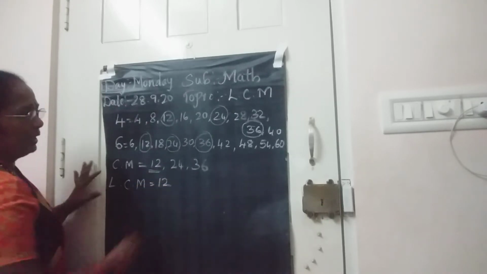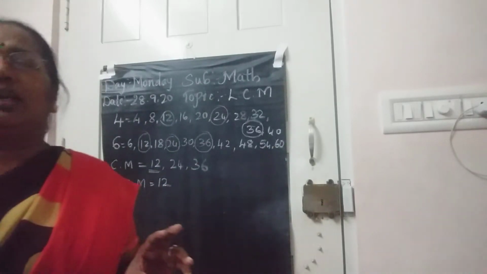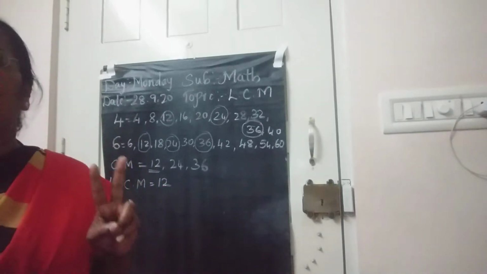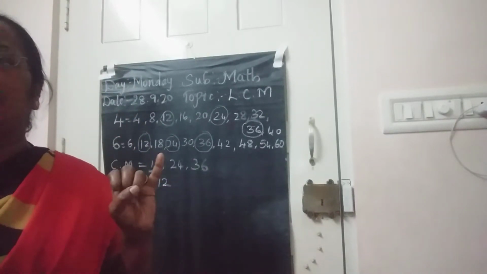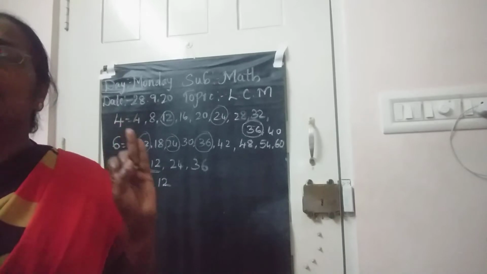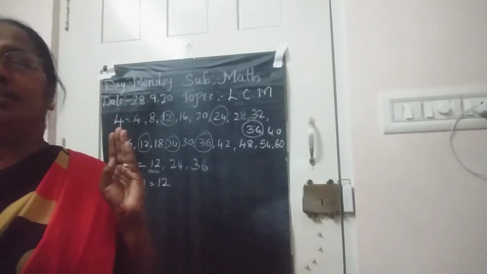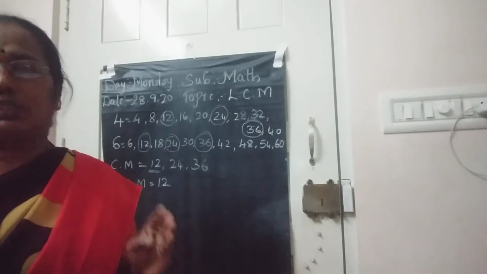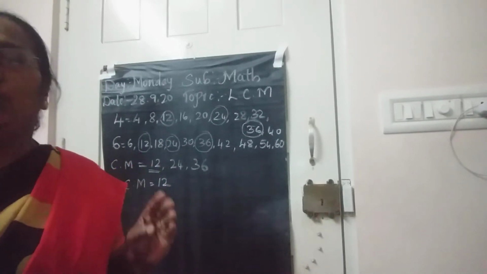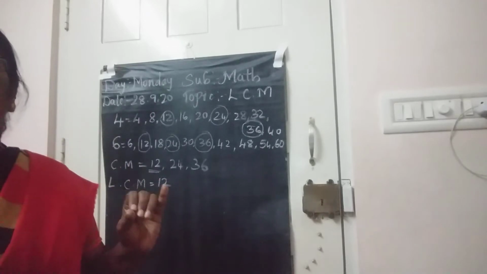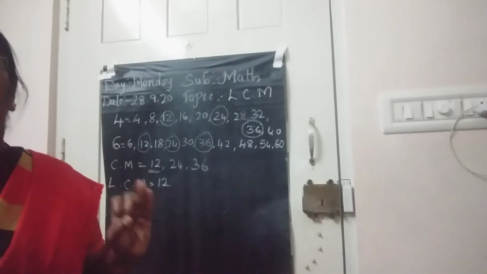The least one is 12. As you know, in HCF we have two methods: one is the listing method and the other is the division method. Likewise, in least common multiples, or the LCM, we have the same listing method and division method.